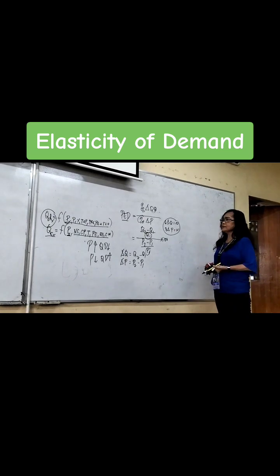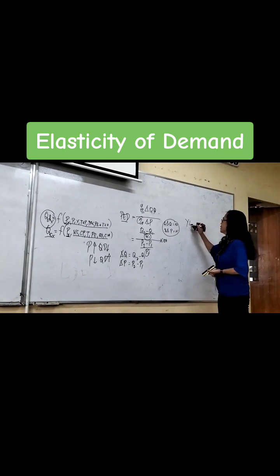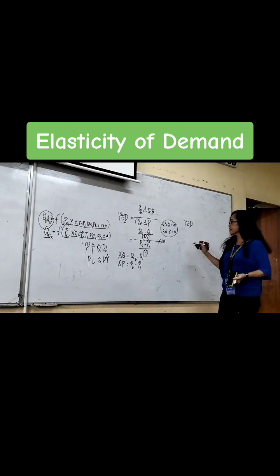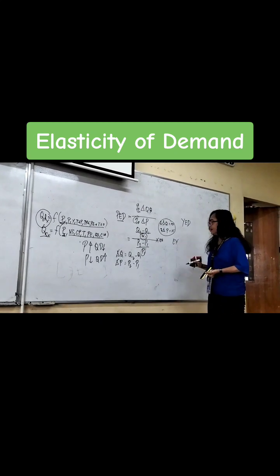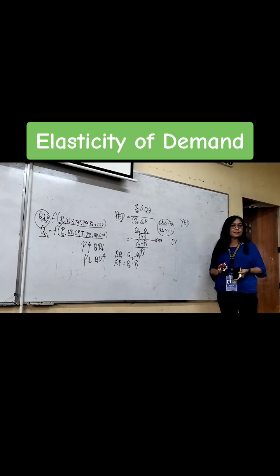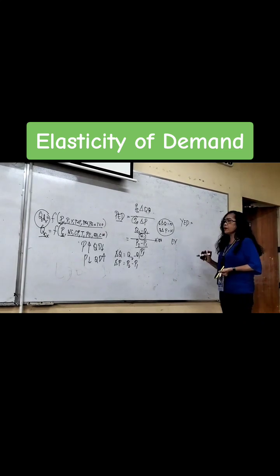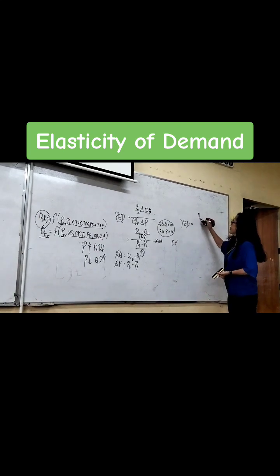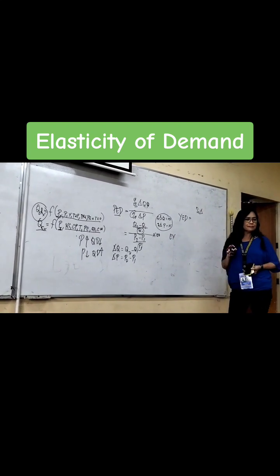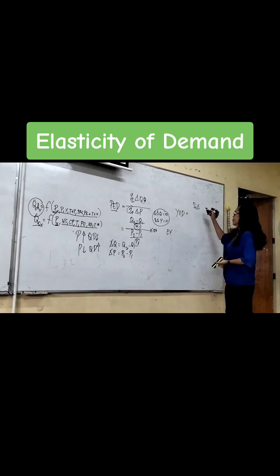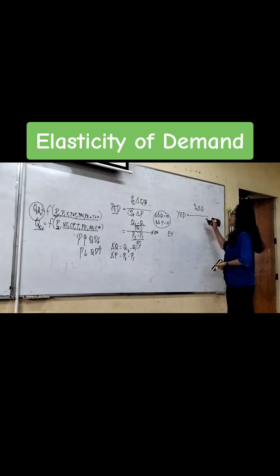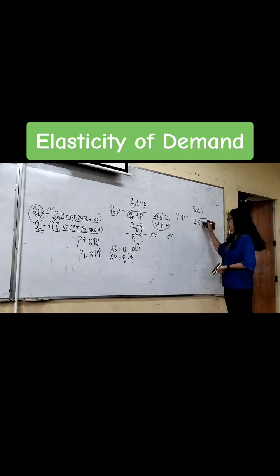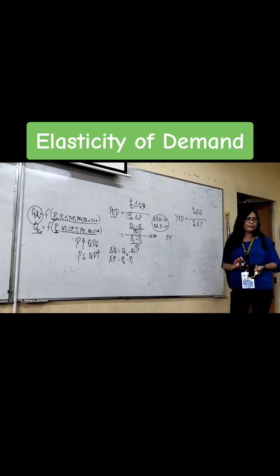Now, another one is the income elasticity of demand. Other books denote it as EY. How do we compute the income elasticity of demand? We have the percentage change in quantity over the percentage change in income or real income.